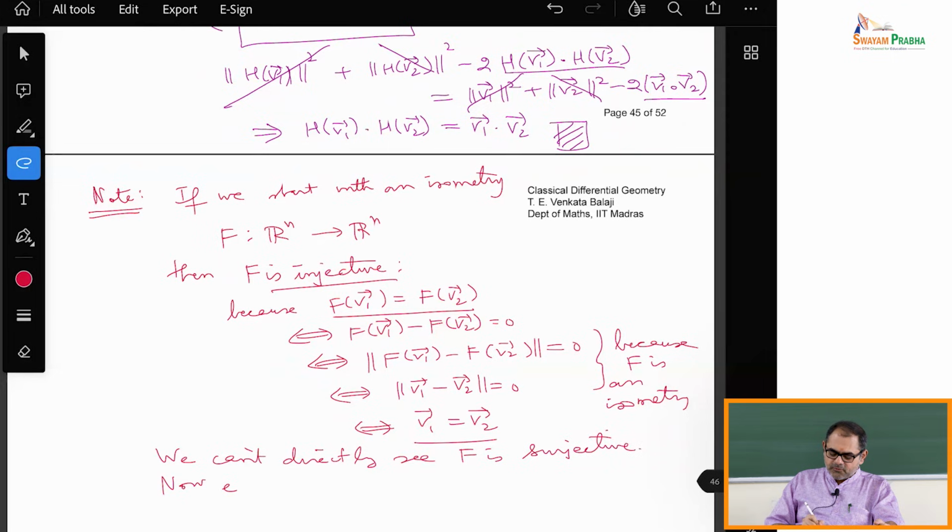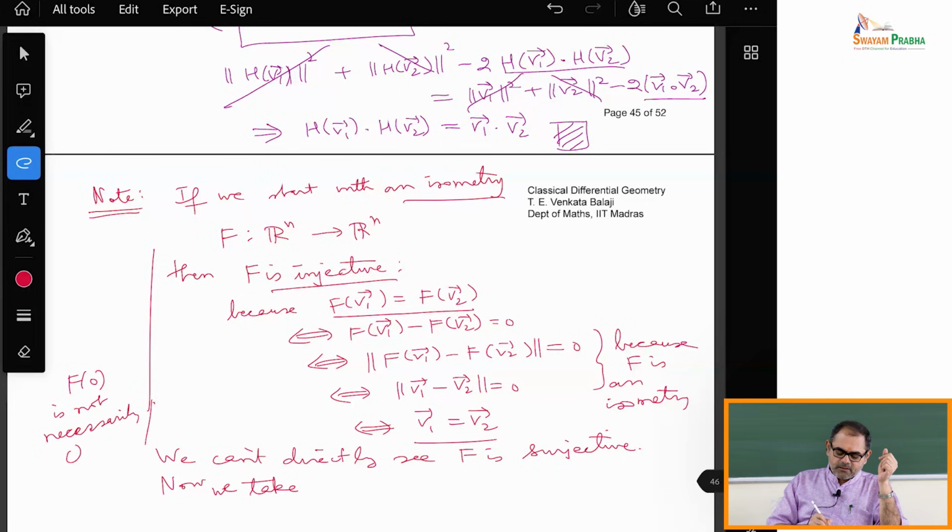Now, the important thing about this arbitrary isometry is that f of 0 is not necessarily zero. Remember, that's the problem with the general isometry.